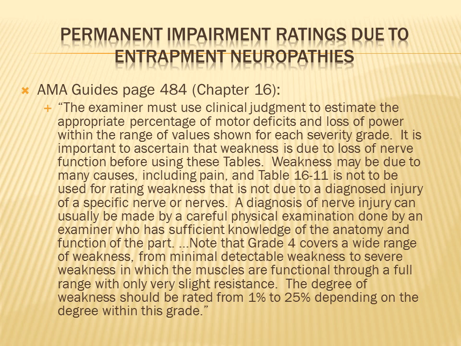So, doctors, I simply reiterate here that in the presence of motor weakness, most motor deficits will be assigned a grade 4. Any lower grade ratings, such as a grade 3, grade 2, grade 1, are going to be accompanied by significant additional objective findings, including possibly gait disturbance and at least probably a need for some type of an assistive device.